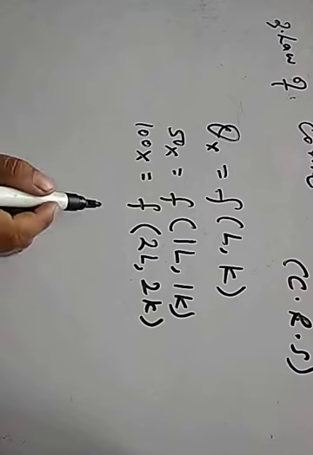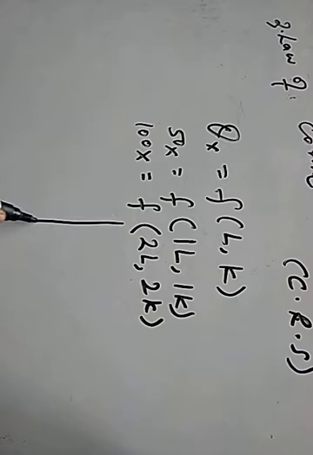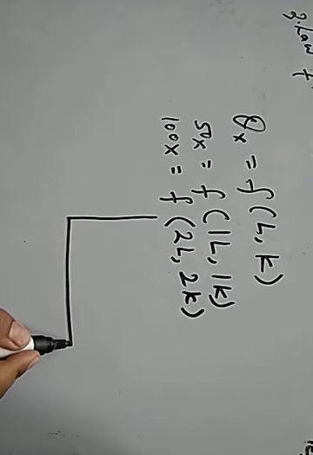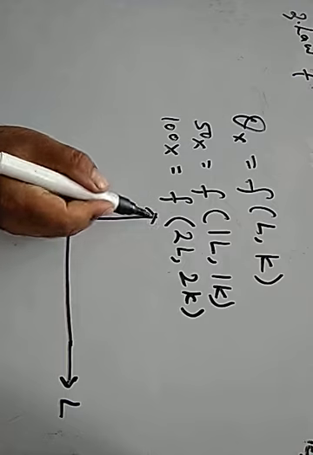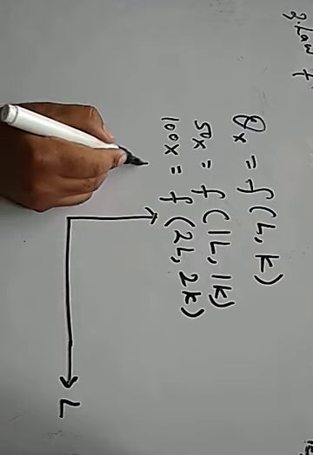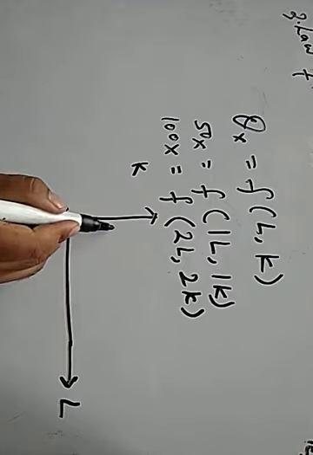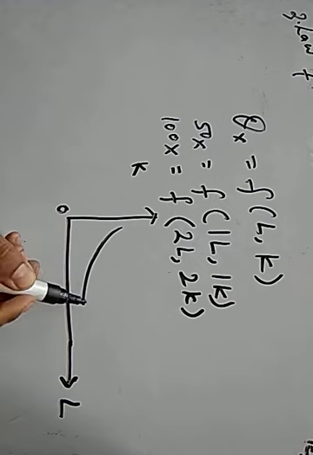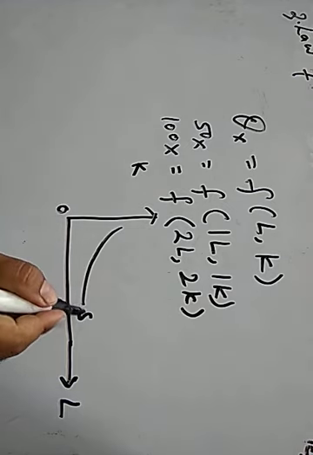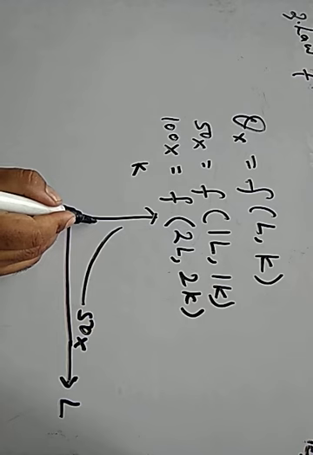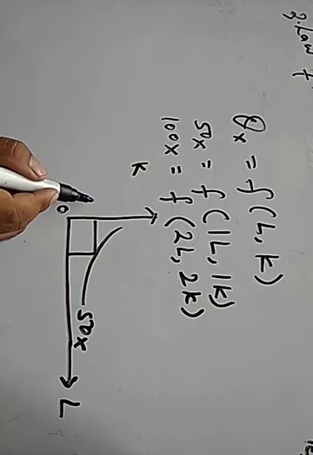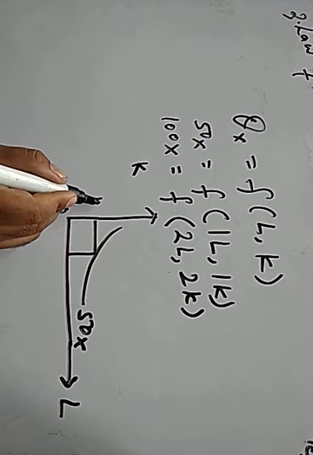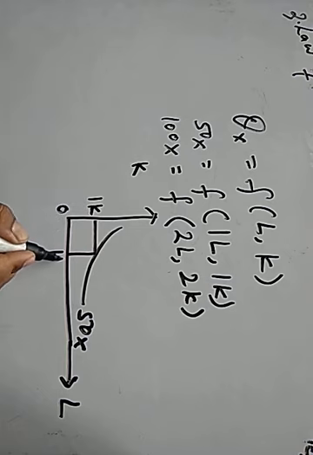We can show this with the help of isoquant. Units of labor on the x-axis and on the y-axis units of capital. This is the first isoquant, which shows the level of output, that is 50 units of X produced with the help of 1 unit of capital and 1 unit of labor.